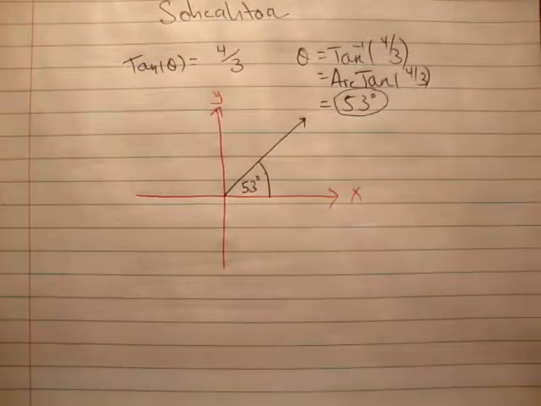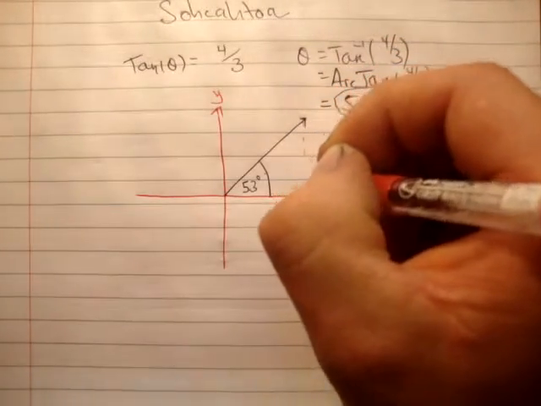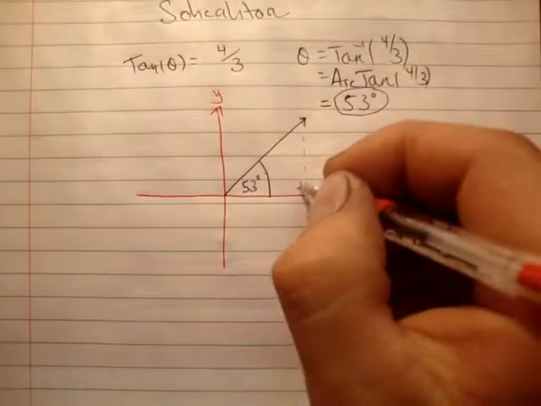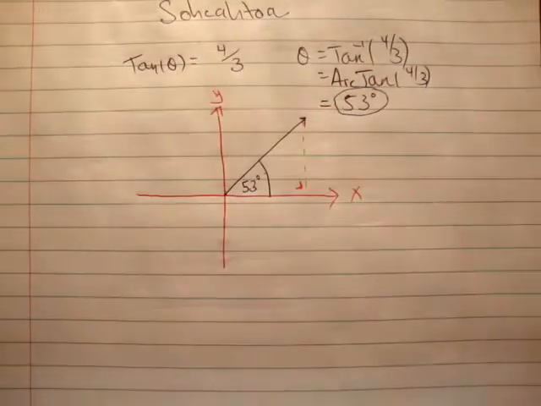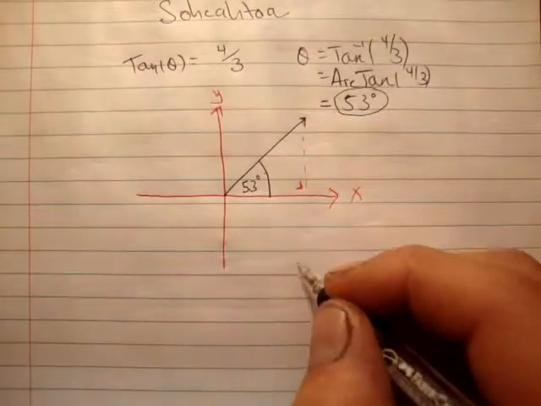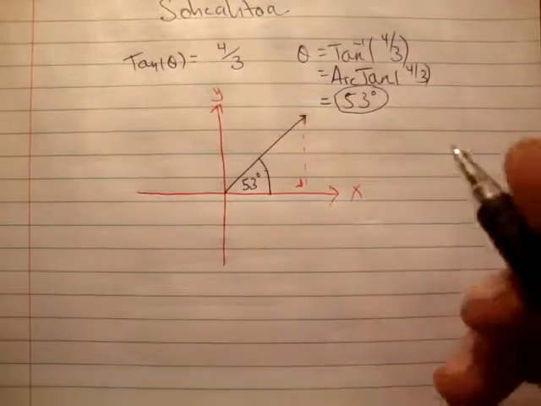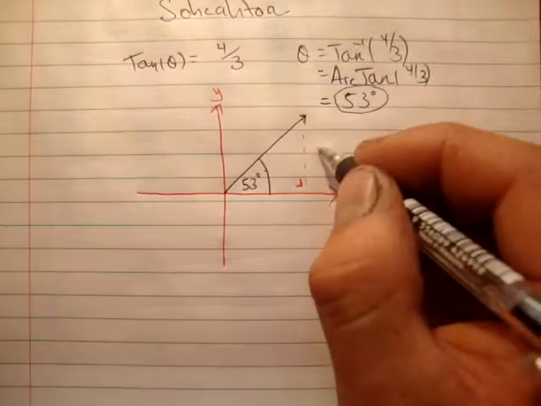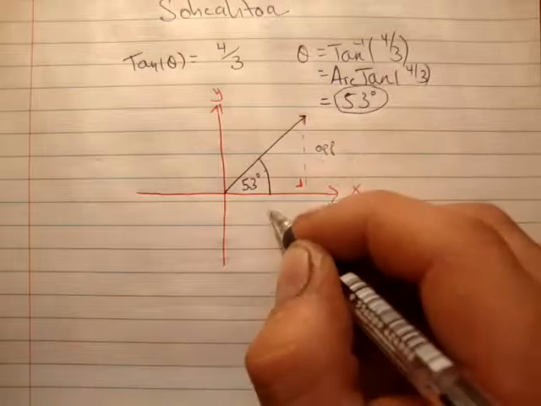Just for the crack, drop our perpendiculars again, in other words get the component vectors of this one here. We'll call this the opposite and this the adjacent.